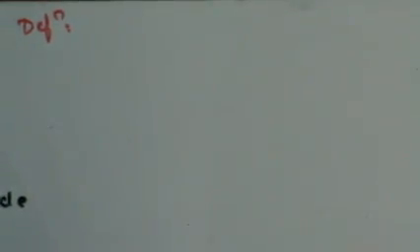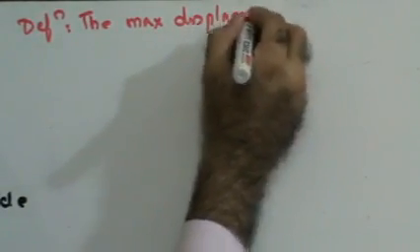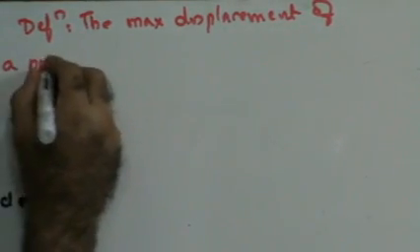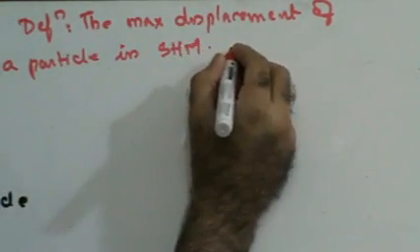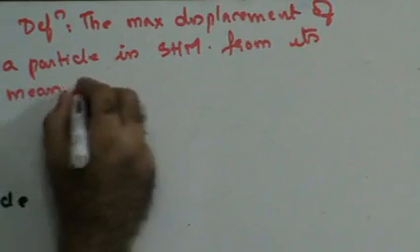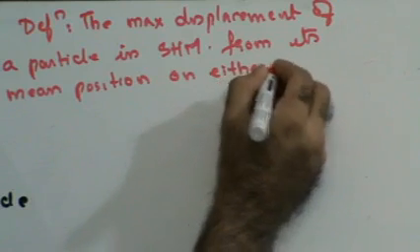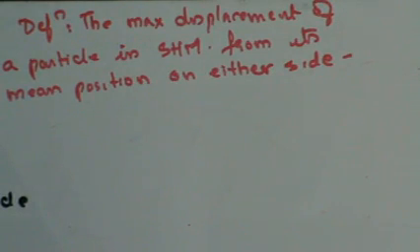Amplitude is defined as the maximum displacement of a body or of a particle in SHM from its mean position on either side. So the maximum displacement of a particle in SHM from its mean position on either side is called amplitude.